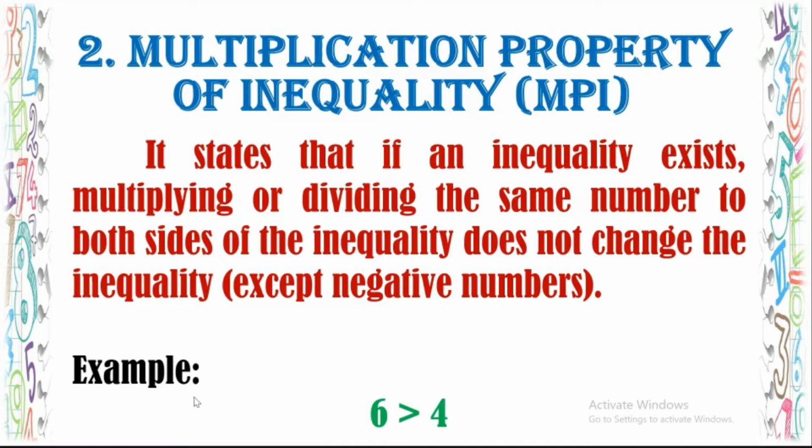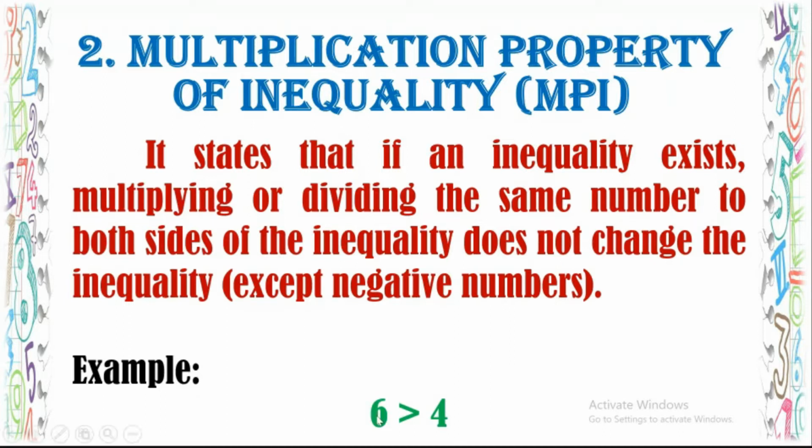So what will we do when we multiply or divide a given inequality by a negative number? To make that inequality a true statement, even if we divide by negative numbers, we have to reverse the inequality symbol.